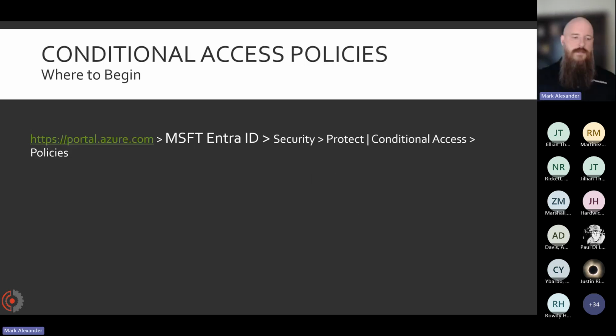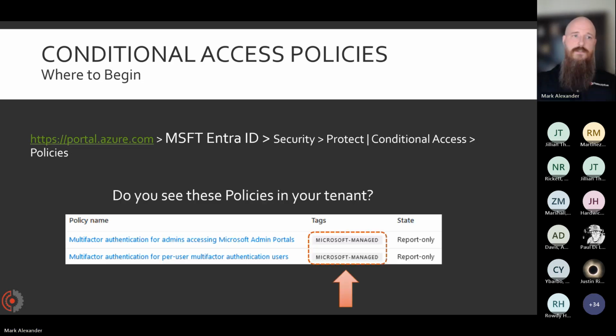So now let's transition into conditional access policies. All right, I'm back on the Azure portal link. These are found in Entra ID within the Azure portal, at the security setting at the bottom, and then in that protect conditional access policy section. If you're following along, some of you may be seeing these for the first time.